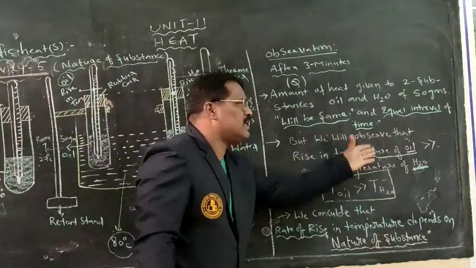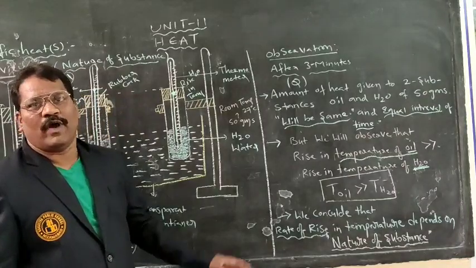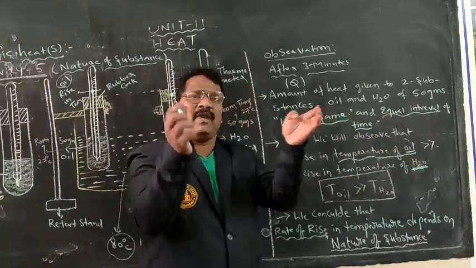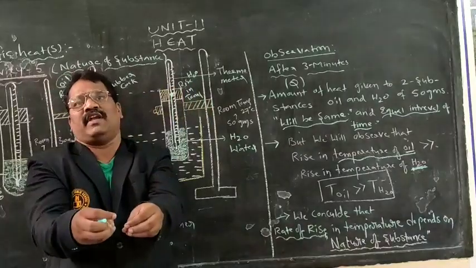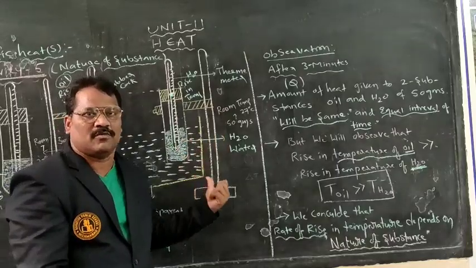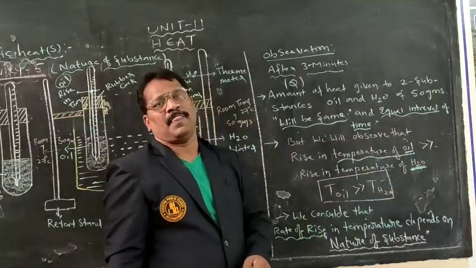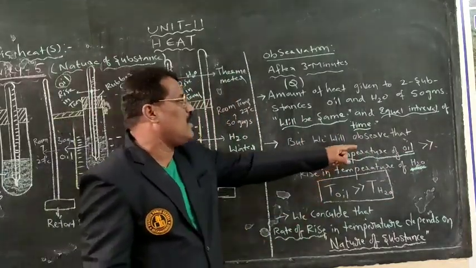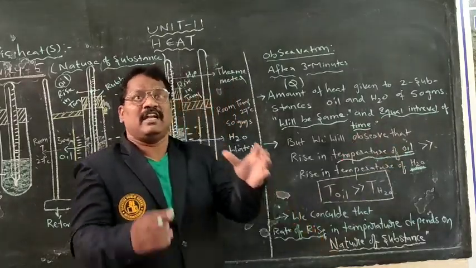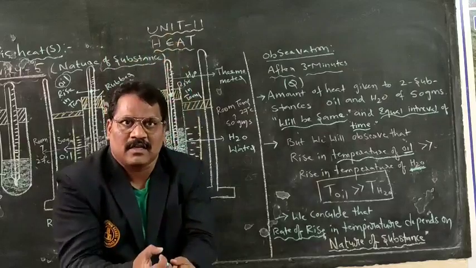What made the temperature increase? Why has the rising temperature taken place for oil if you are maintaining an equal amount of heat? We are allowing an equal amount of heat to be supplied to the 2 test tubes at equal intervals of time. But as oil has low heat capacity, it rises fast and it falls fast.